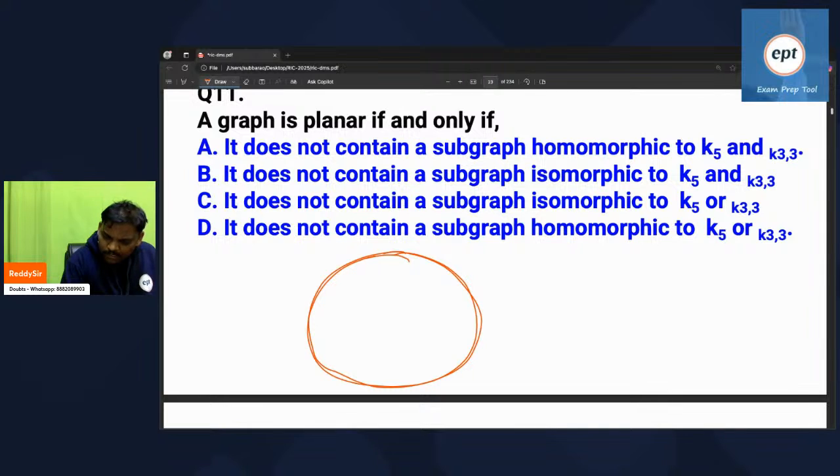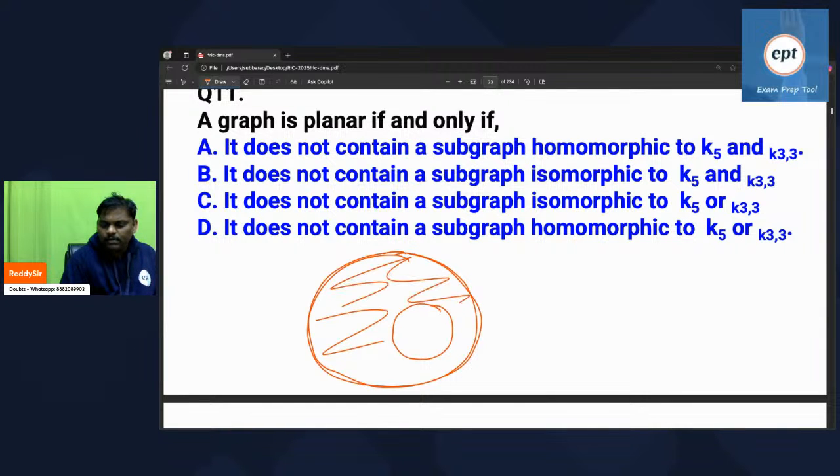Some people are asking, what is the subgraph, sir? Let us assume that it is a subgraph. Something is there outside. So it is a subgraph. This subgraph is K5.